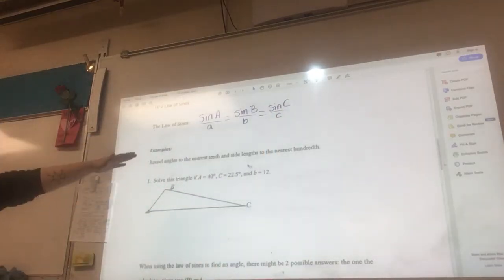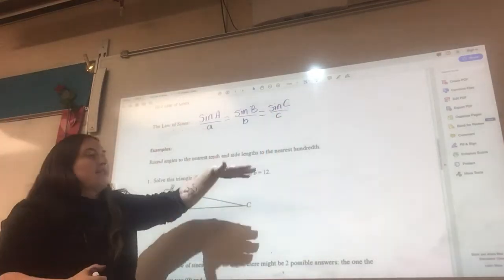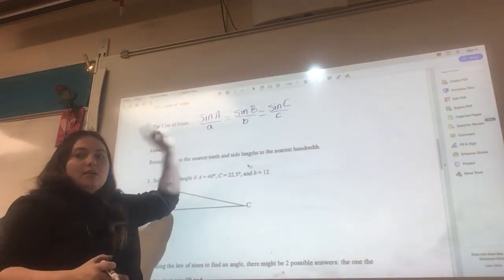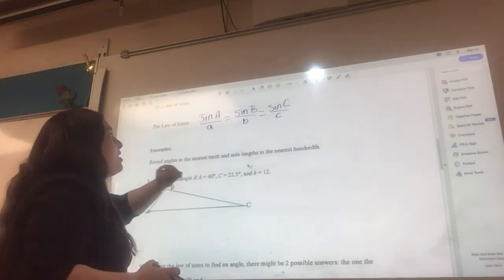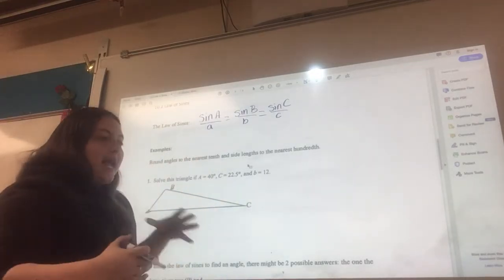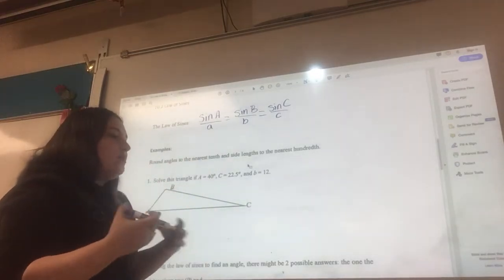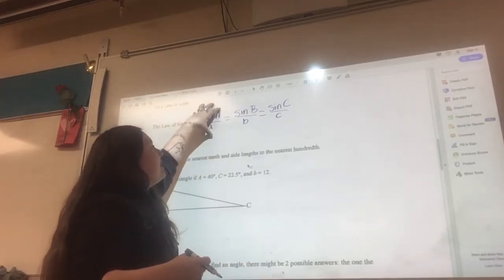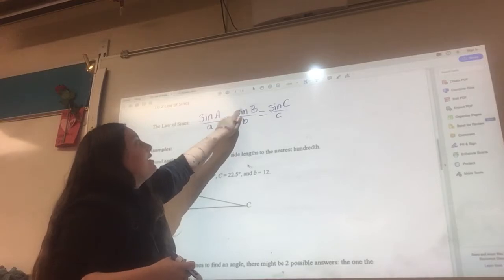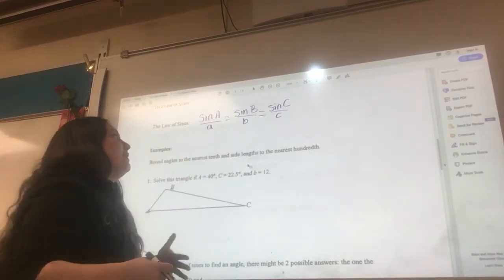So for all angles and all sides, using this, you can find all missing angles and sides. The reason you have to use an angle and a side is so that you know this, and then you can find the opposite of another, and you'll see that here in just a second.